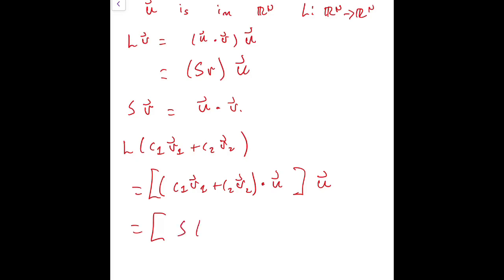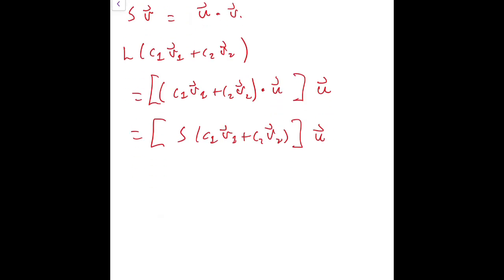This is just S applied to C1 V1 plus C2 V2, times the vector U. Well, we already proved that S is linear. So this is just C1 S V1 plus C2 S V2, times the vector U.